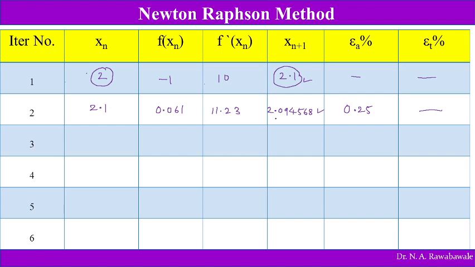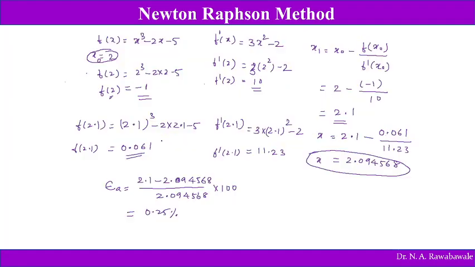So now this is the revised answer which takes this place, that is 2.094568. Now to get this function value, f of x is equal to x to the power of 3 minus 2x minus 5.